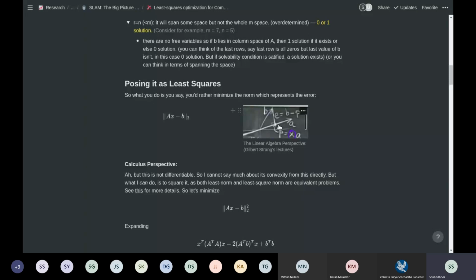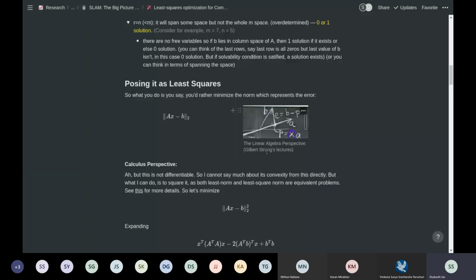It's a two-dimensional thing, but in our case it would be the column space; whatever this is, it could be a 2D plane or 3D plane, depending. So the closest that I could get would be the projection of B on my column space. That would be your answer.